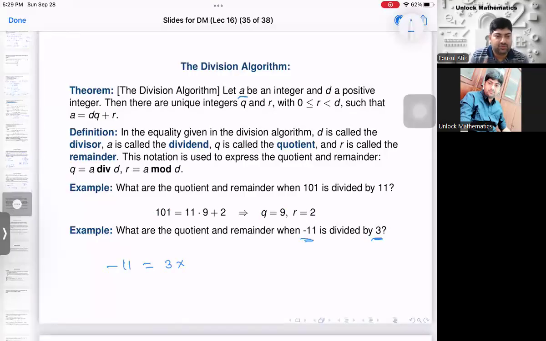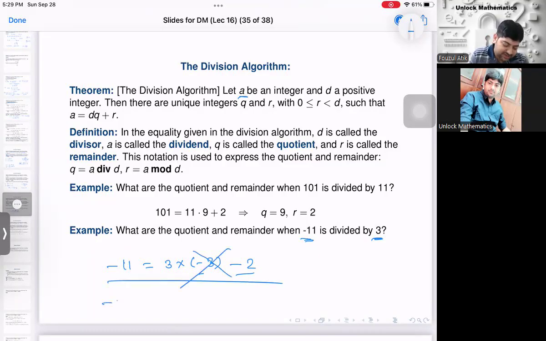Now several students make the mistake of writing 3 times minus 3, then minus 2. It is matching, but then the quotient is minus 3 and the remainder is minus 2. But I said remainder is greater than or equal to 0. Remainder is non-negative. Right? So this is not a valid expression.